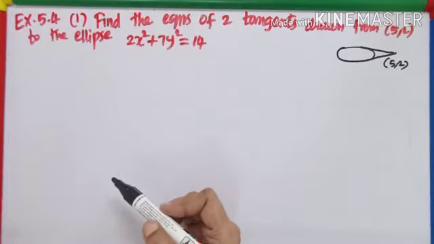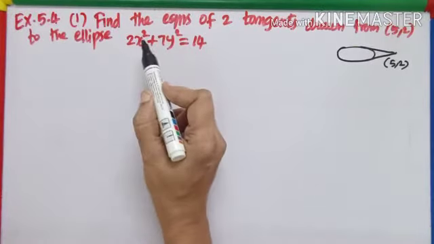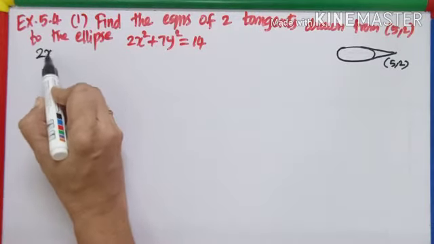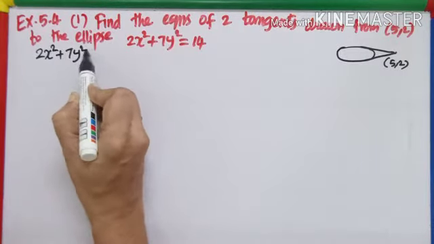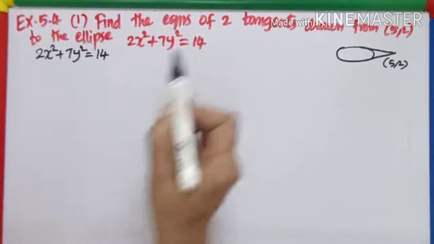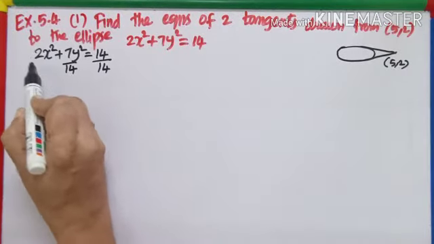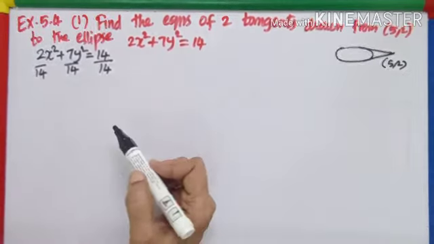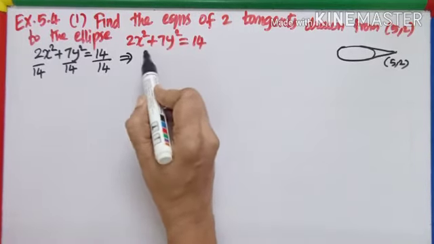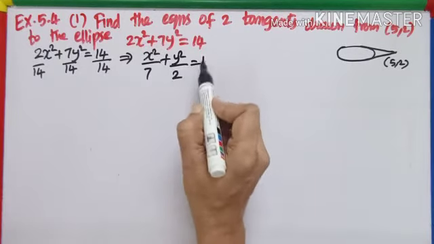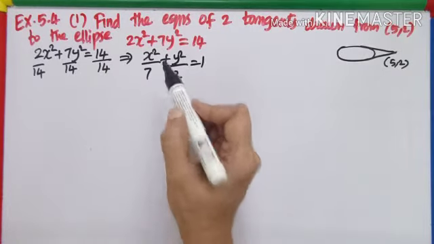My very first step, try to write the ellipse in standard form. What do you mean by standard form? Standard form tells me the right hand side must be 1. So whatever number comes in right hand side, divide. 14, I am dividing every term. This gives rise to x square by 7 plus y square by 2 equals to 1.